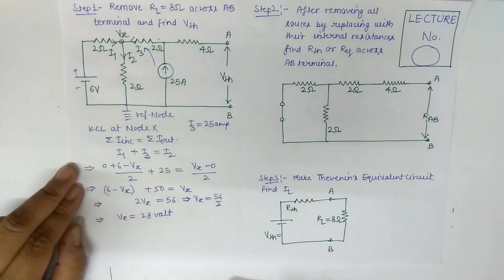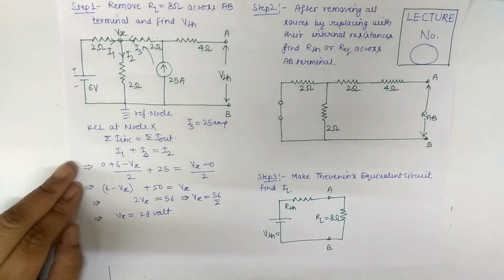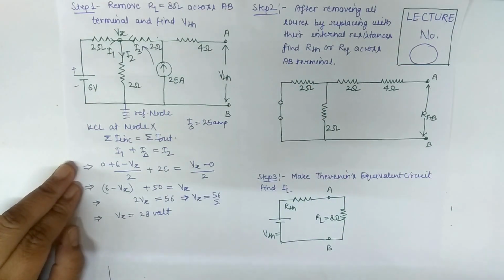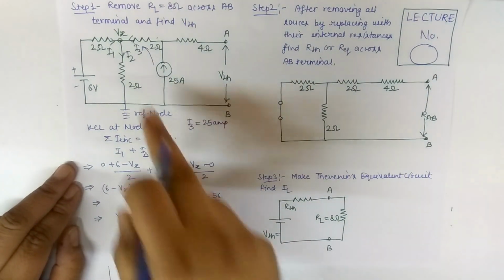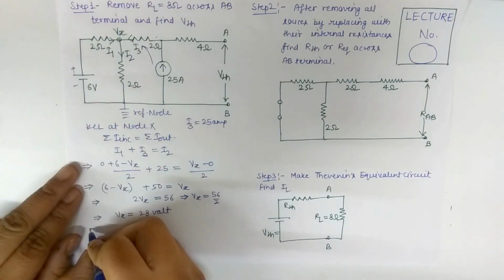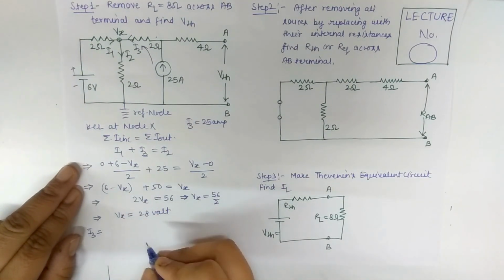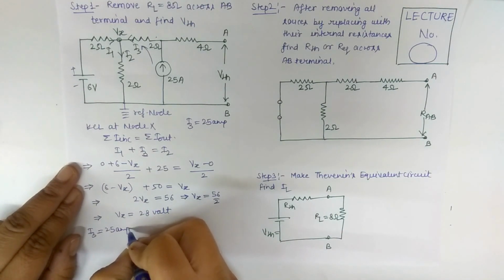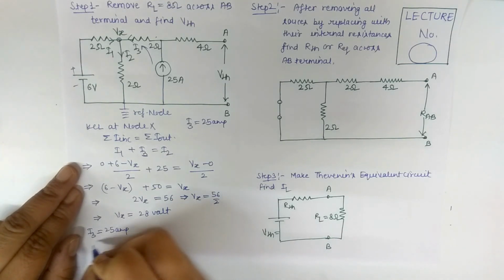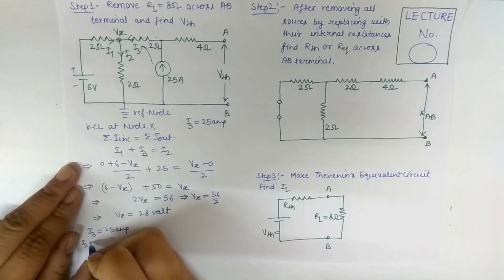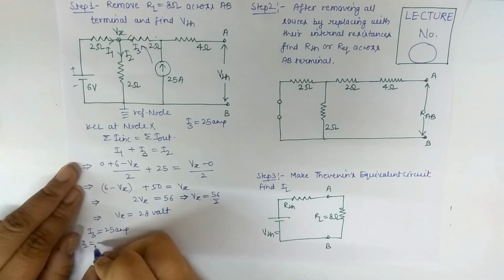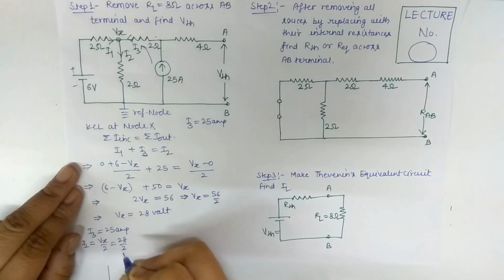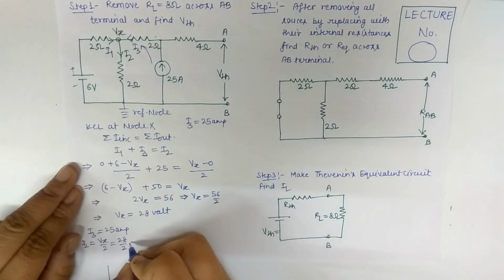Now we know the value of Vx, so we calculate I2 and I3. For I3, we know it is 25 ampere. For I2, this is Vx by 2, this is 28 by 2, so it would be 14.